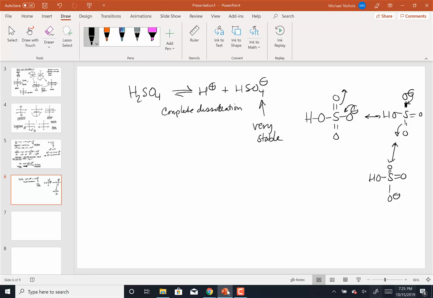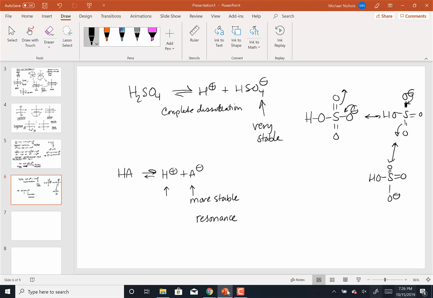So the way that we can push the equilibrium towards the formation of more H plus, but also more conjugate base, is make that conjugate base more stable. And a classic way of doing that is by introducing the idea of resonance stabilizing the conjugate base.